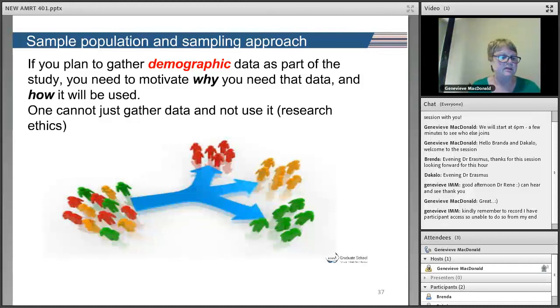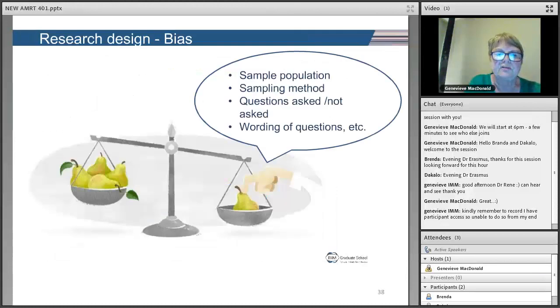If you decide to gather information on their position in the company, their gender and so on, how are you going to use that data in your results? How are you going to use it to add value? If you're not going to use it, leave it.